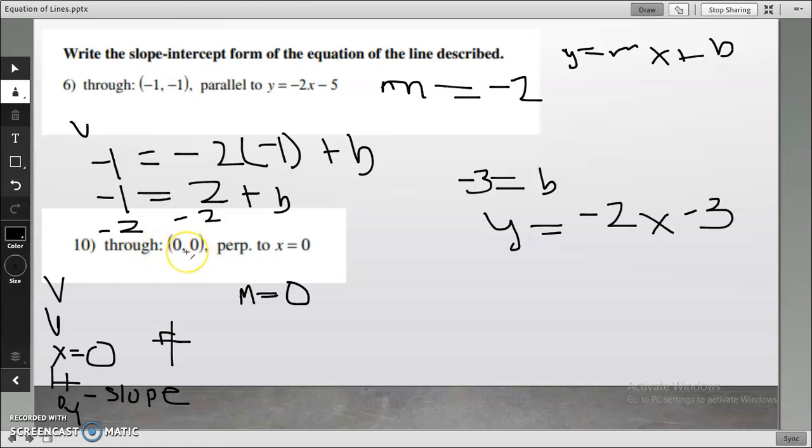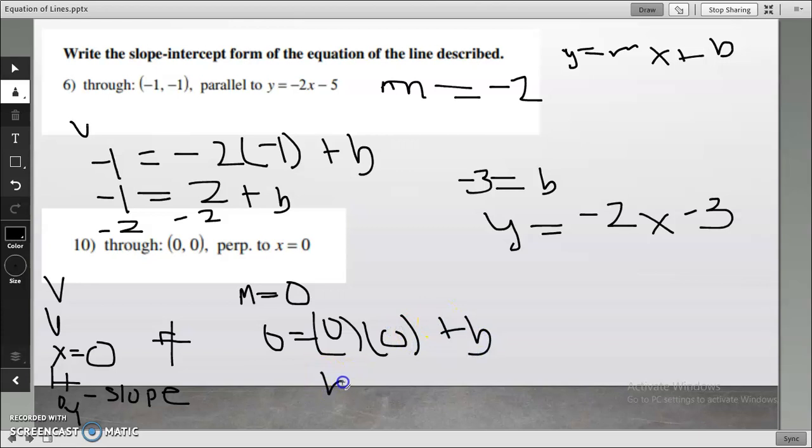It goes to the point 0, 0. So we can plug in our values to find out what b is. Hope you see that it's 0, but we'll do it anyway. So 0 is equal to 0 times 0 plus b.